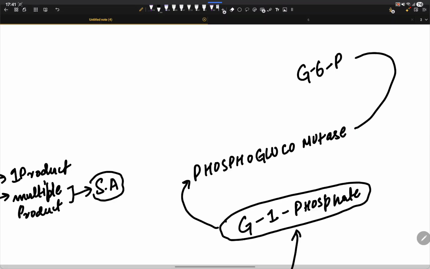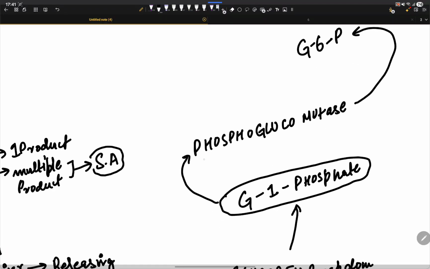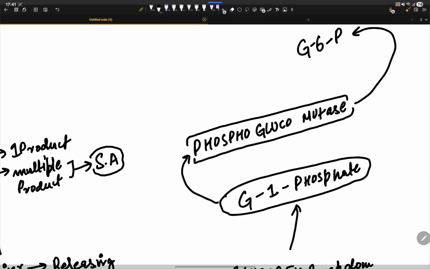Notice that in this step we don't need any ATP. Phosphoglucomutase is one continuous word. Phosphoglucomutase, no ATP needed here. That's important, right?